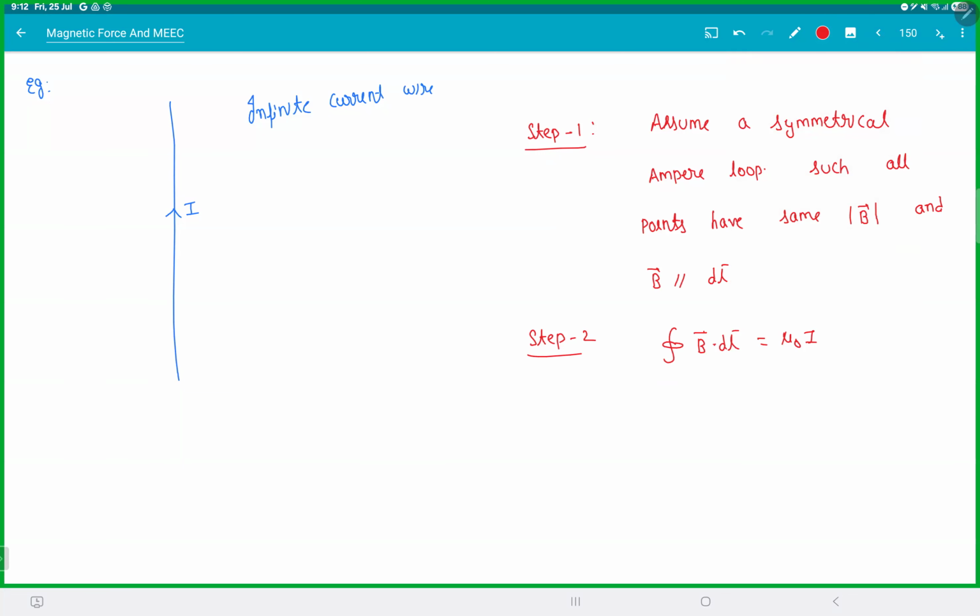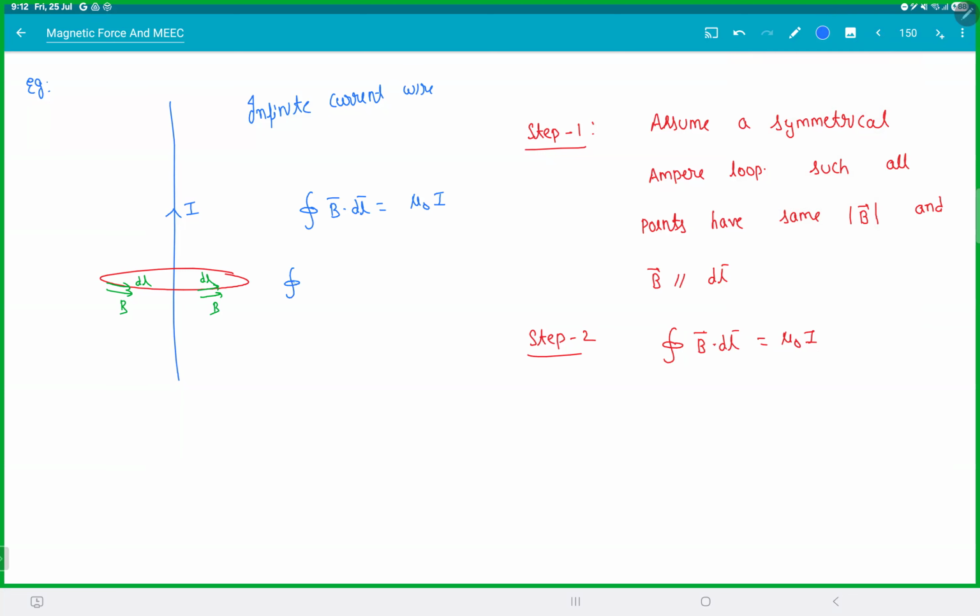So let's see here. Step one, consider a symmetrical Ampere loop. For an infinite wire, the most symmetrical shape is a ring. All points on the ring are equidistant, right? So by symmetry, I can say the magnetic field will be this way, and dl also will be this way. Then if I use Ampere's law, integral B dot dl equals mu naught times the current crossing.